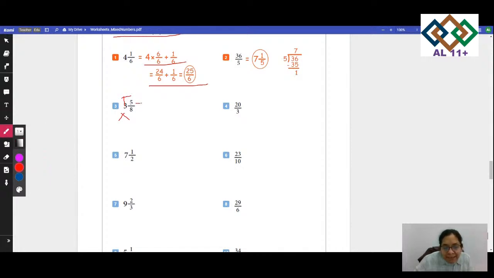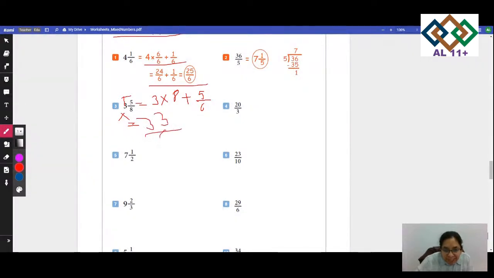What they have done is they have multiplied 3 multiplied by 8 plus 5 by 6. So 3 multiplied by 8 is 24. 24 plus 5 is 29, 30, 31, 32, 33. 33 by 6. That's your answer.